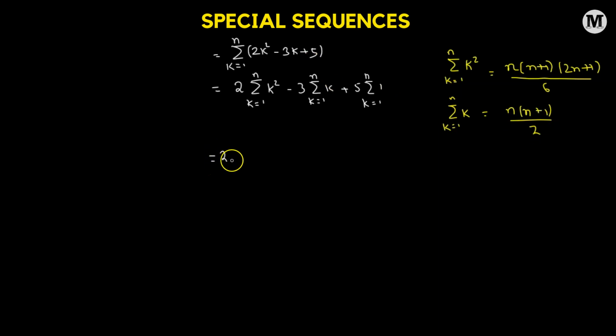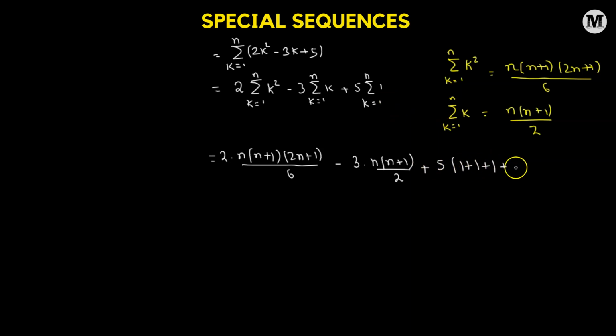So we get 2 multiplied by n times n plus 1 multiplied by 2n plus 1, whole divided by 6, minus 3 times n times n plus 1 divided by 2, added to 5. Here the summation of 1 means we have 1 plus 1 plus 1, added n number of times. Now 2 times 1 is 2, and 2 times 3 is 6.